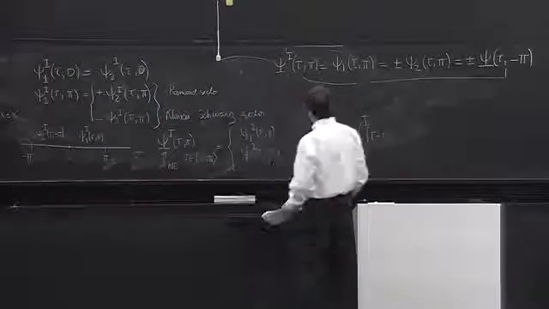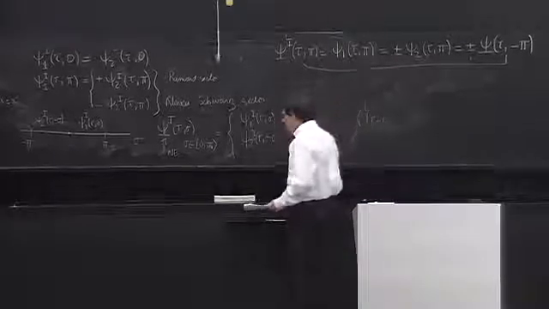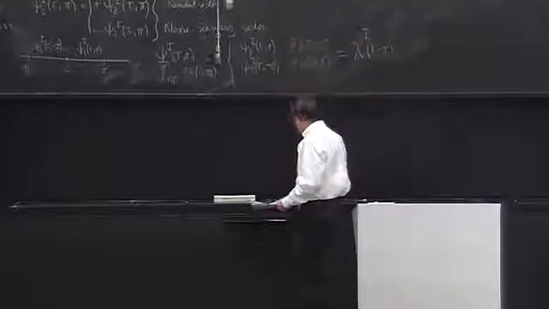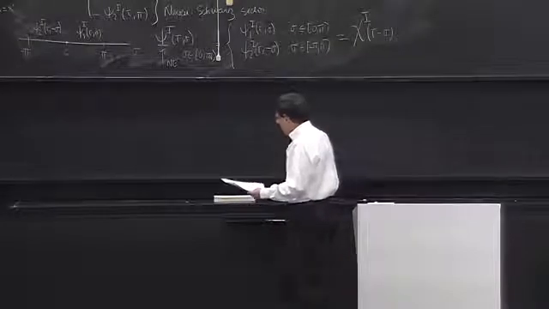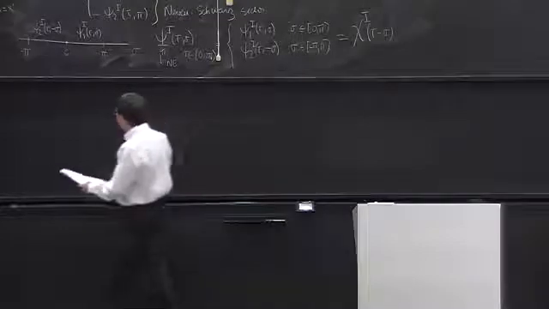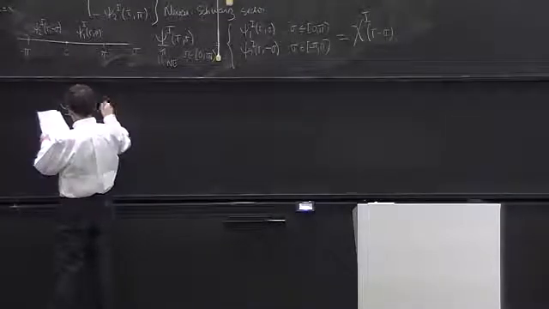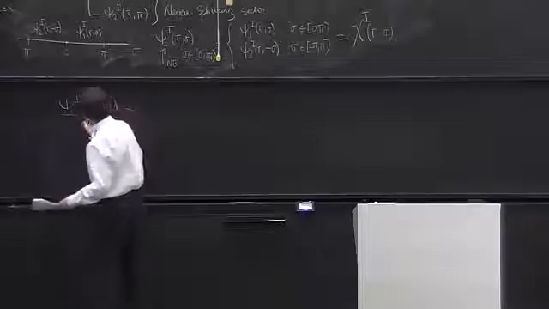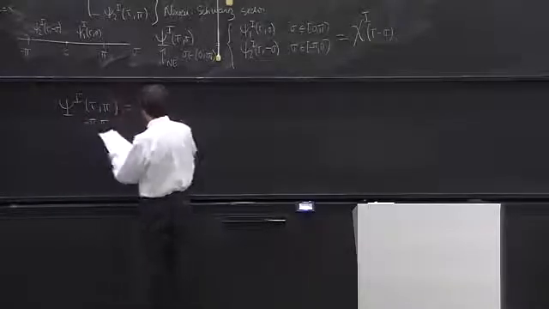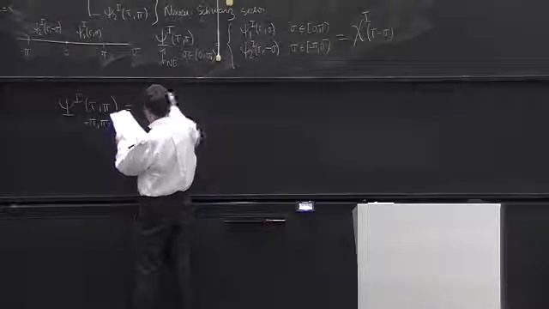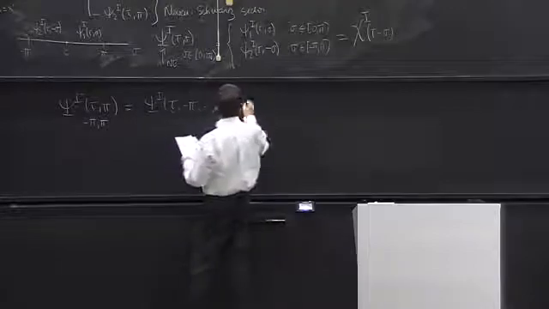So at the end of the day, and it's the last line I'm going to write, but it sets up well for tomorrow: psi I of tau pi, this field that lives from minus pi to pi, equal to psi I of tau minus pi, gives you the Ramond sector.